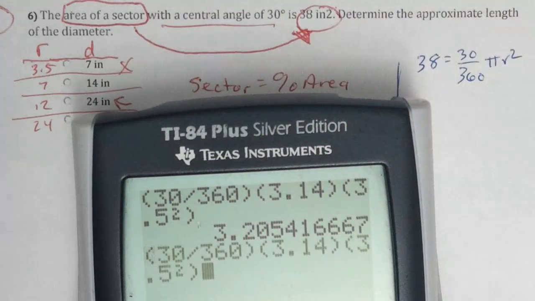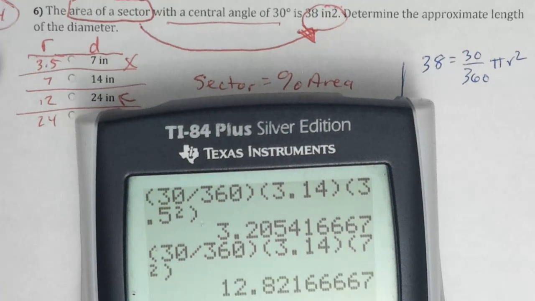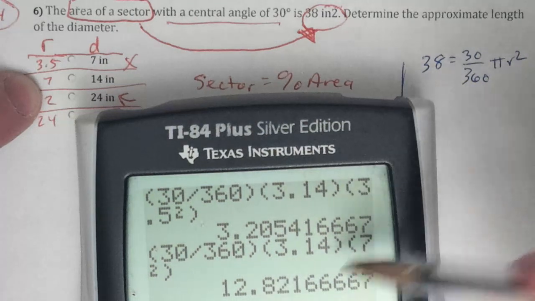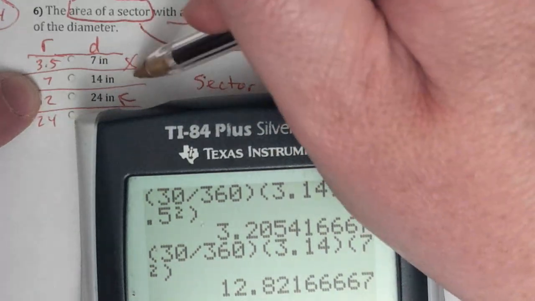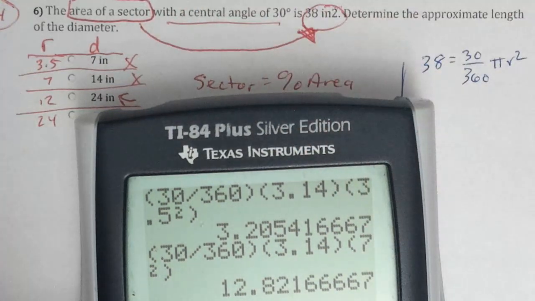All right, what if I tried 7? If I plugged in 7, I would get 12.8, but I want 38, so that doesn't work either. How about if I plugged in 12? So 12 squared.